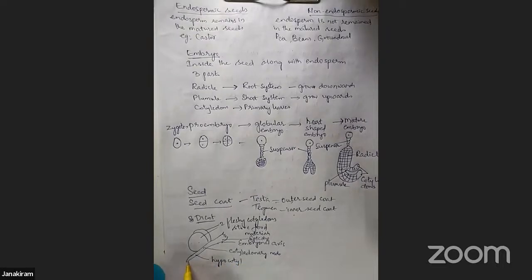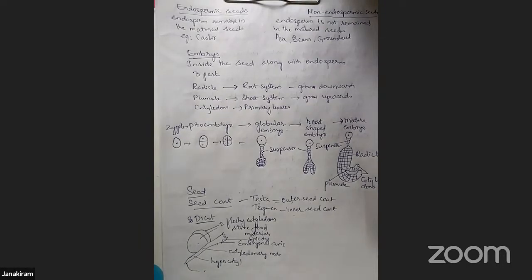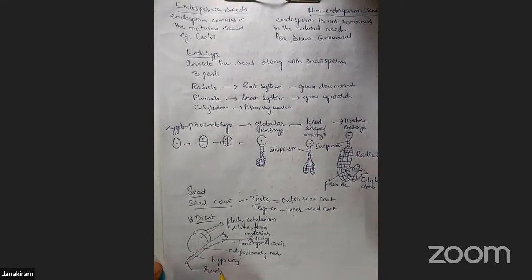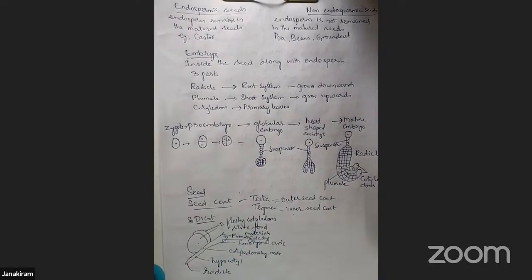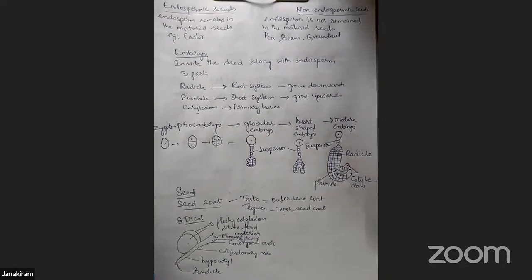And the tip of the hypocotyl is called the radicle, and the upper part is called the plumule. So these are the parts present in the dicot seed.